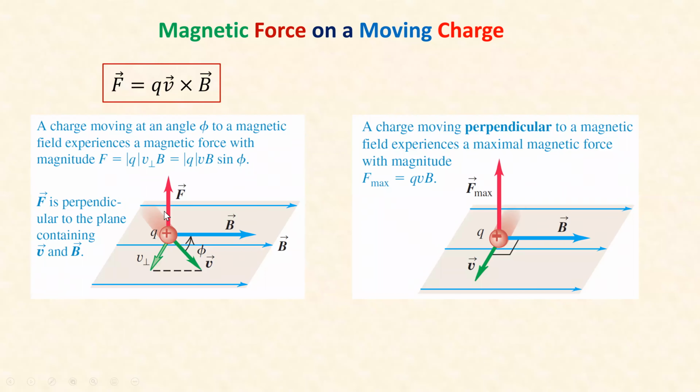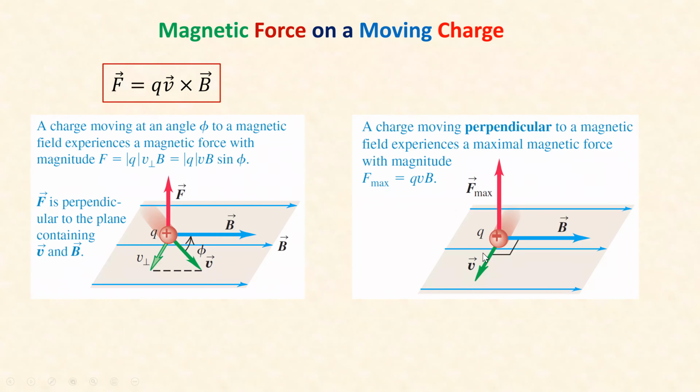Therefore, it is either this way or that way, up or down. We said that you can use the right-hand rule to find out which one, up or down. The right-hand rule for the cross product tells you that if the charged particle is positive, the force on the positive charged particle is in the direction of v cross B, which is up in this case.